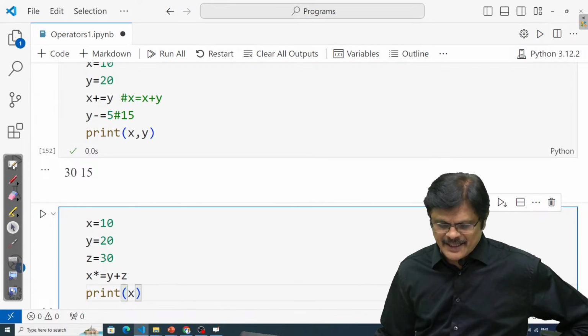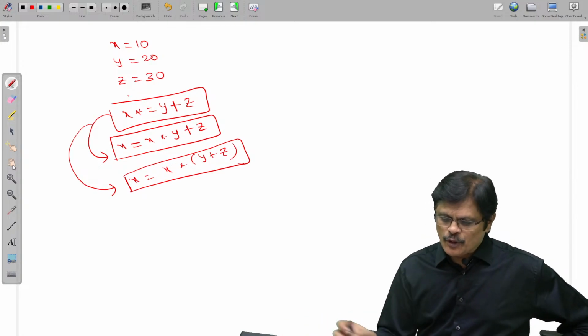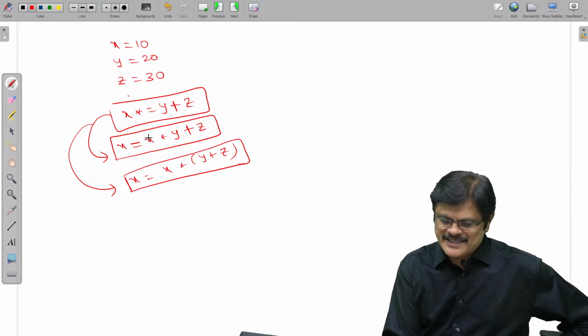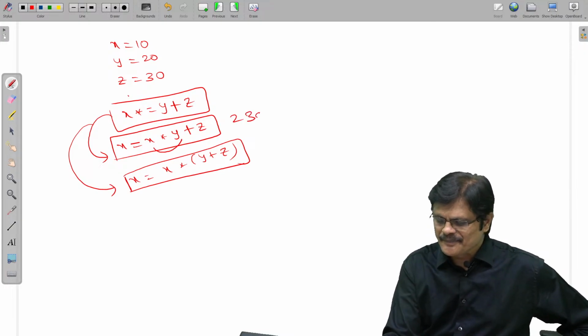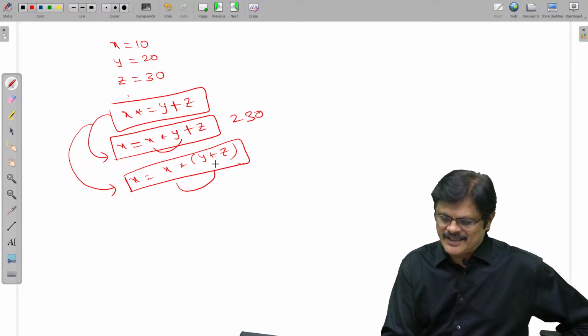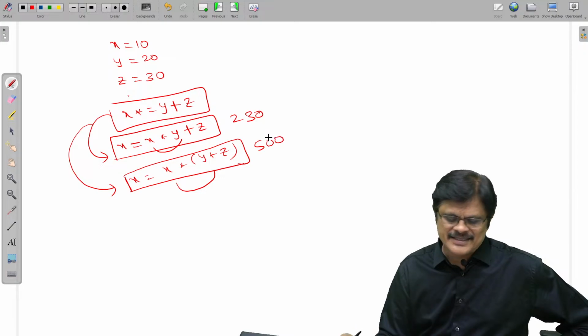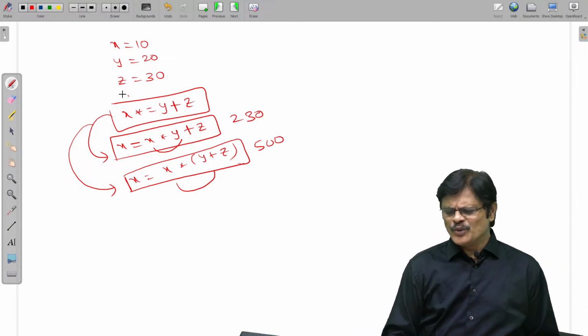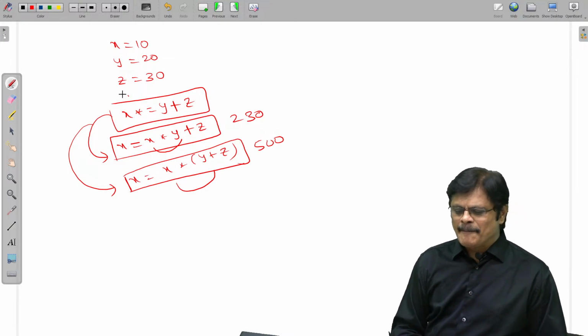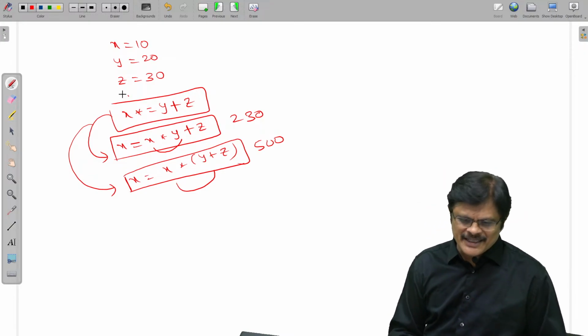So if you just see, suppose it performs this, x into y plus z, you get 230. If it performs this, then what are you going to get? 500 is the answer. So what is your answer? 10 into 20 plus 30.